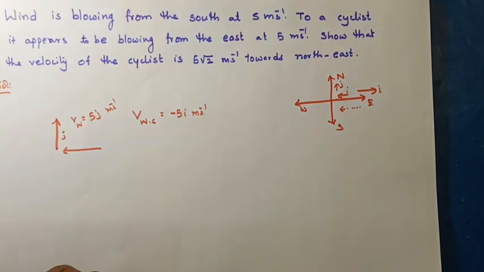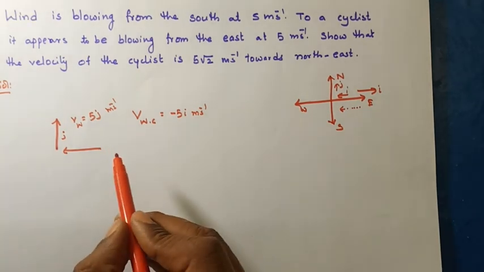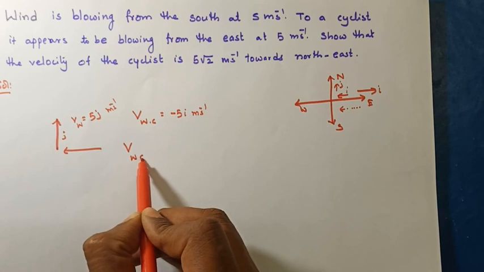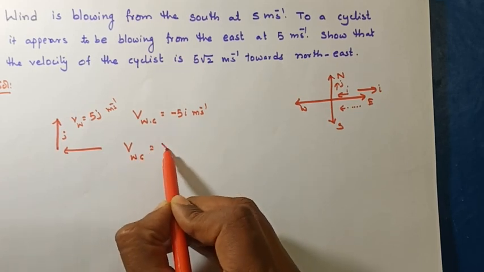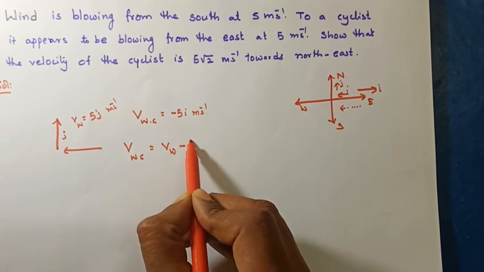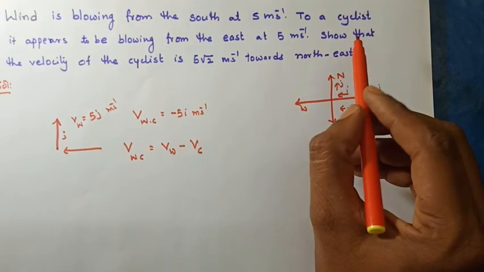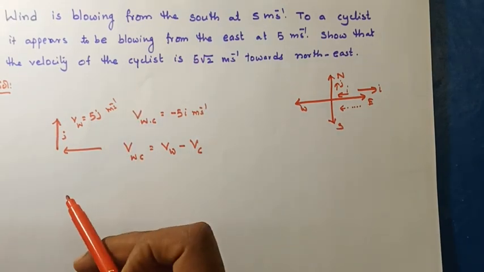This is actually two things. Now how to write velocity of the wind with respect to cyclist: it is velocity of the wind minus velocity of the cyclist. So we need to find out velocity of the cyclist.